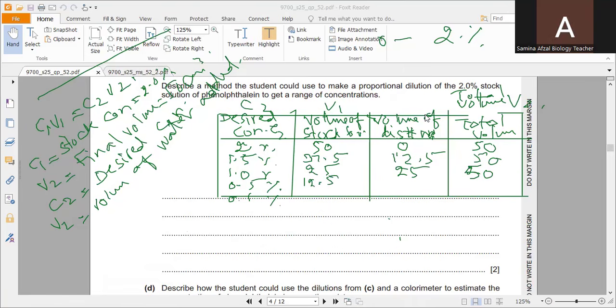You can choose any of the concentrations. 37.5, again 50, and then 2.5, and it will be equal to 47.5.